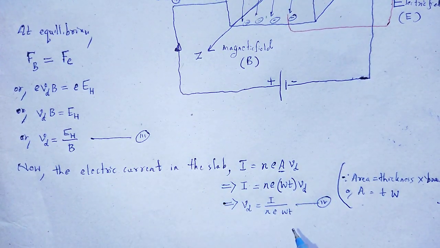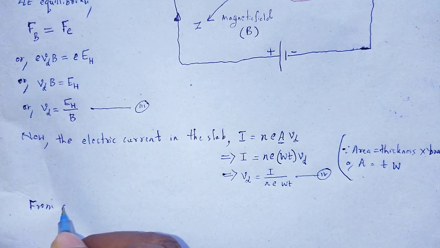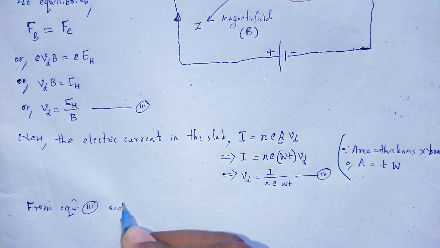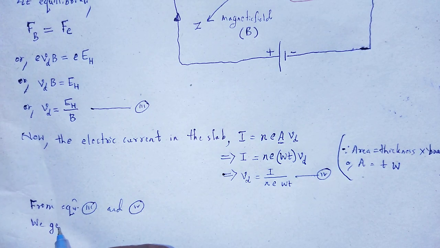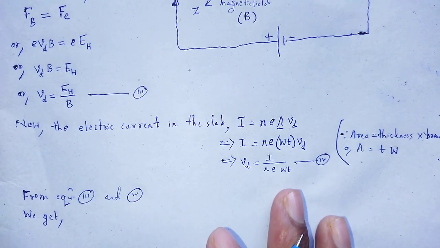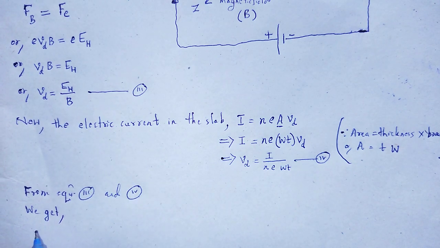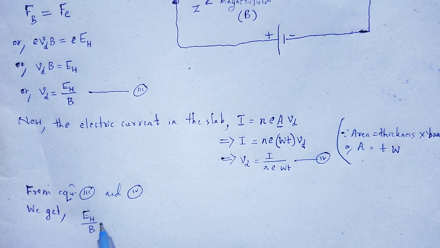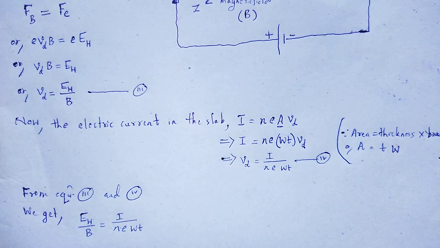From equation number 3 and equation number 4 we get E_H by B is equal to I divided by N e W T.